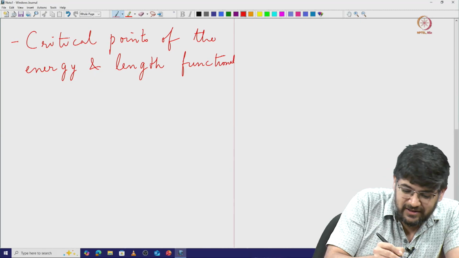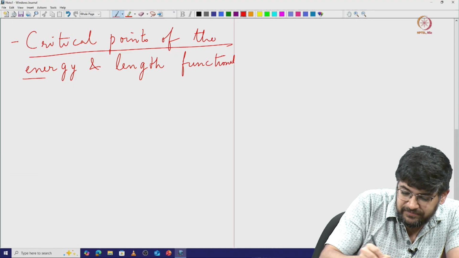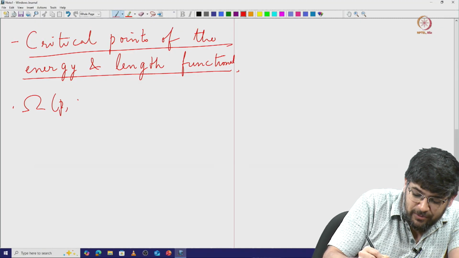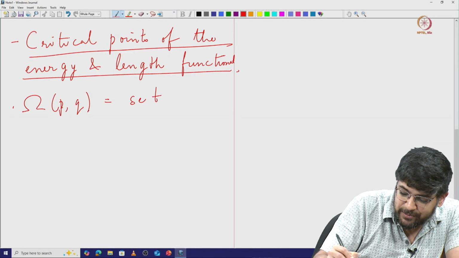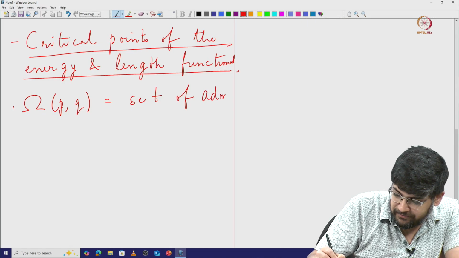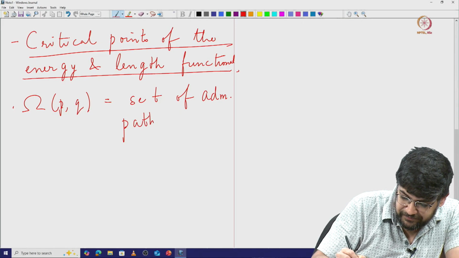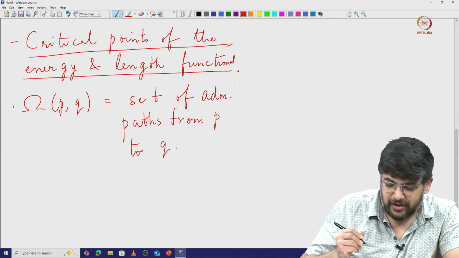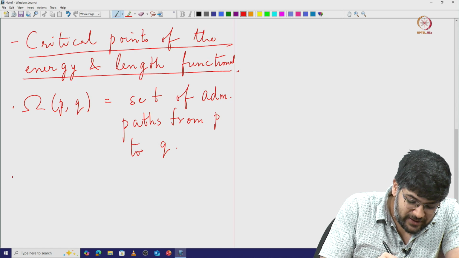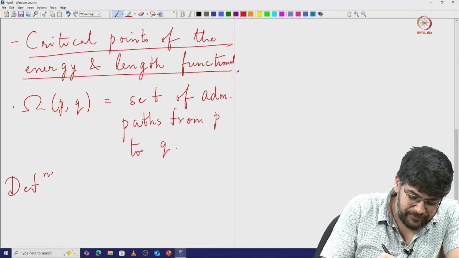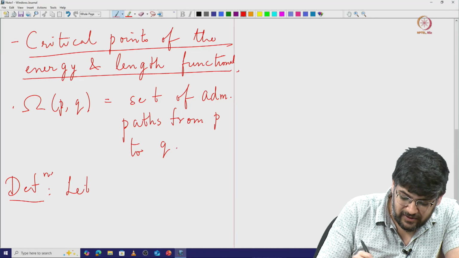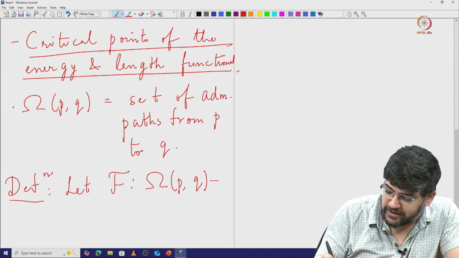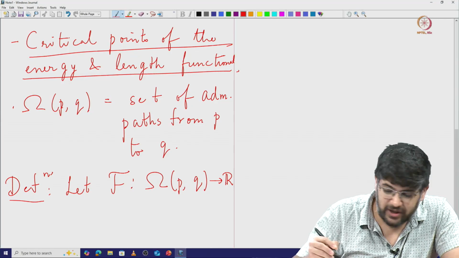Let me make a definition here. As usual, Omega_{p,q} is going to be the set of admissible paths from p to q. Here is a definition. Let F be a real valued function on this set of paths connecting p to q.